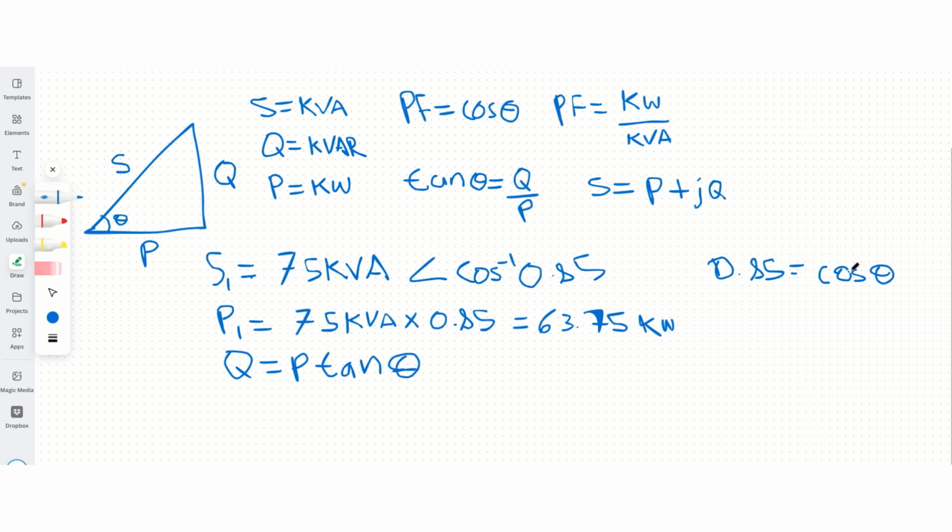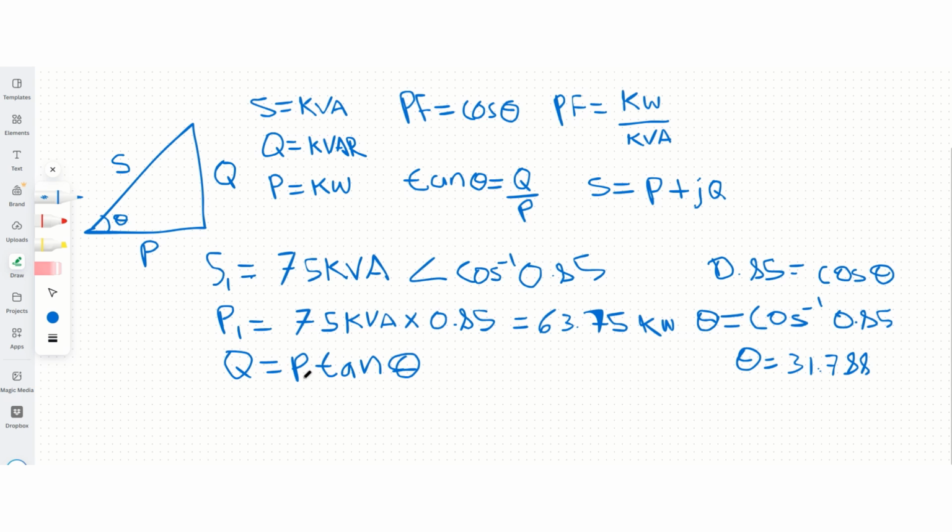Now we take the inverse of cosine: theta equals the inverse of cosine of 0.85, and that will be 31.78 degrees.